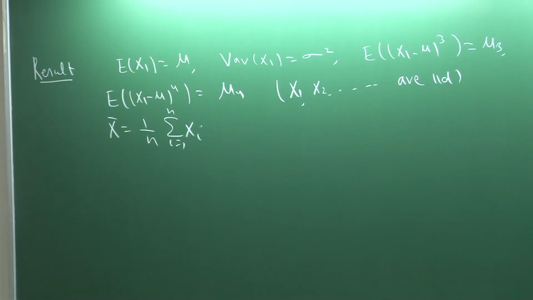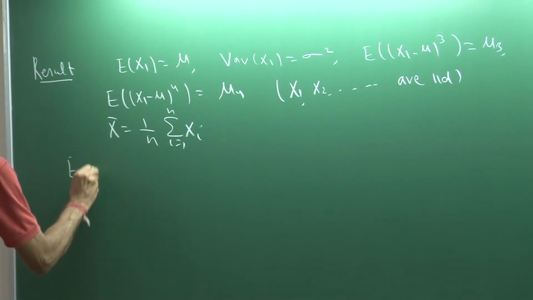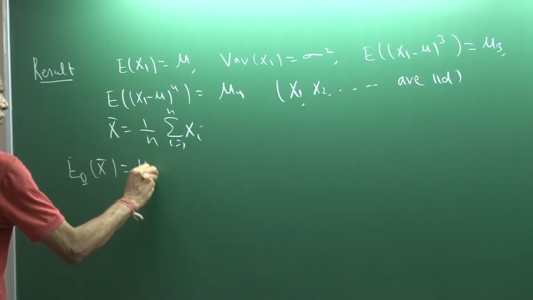If that is the case, then of course expected value of x bar is the same as mu.